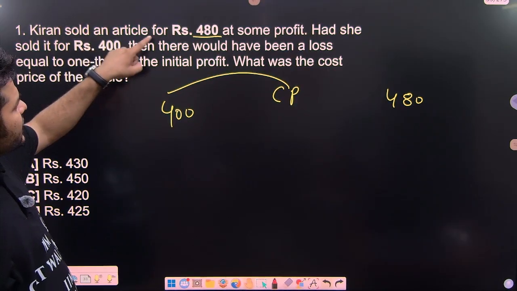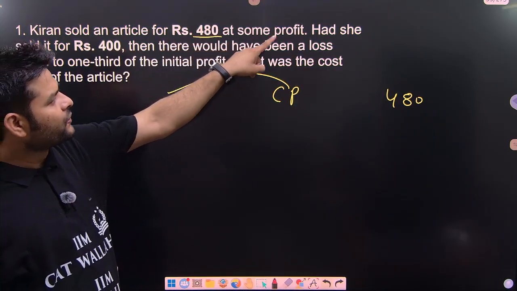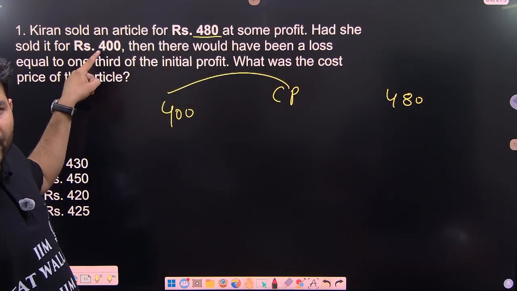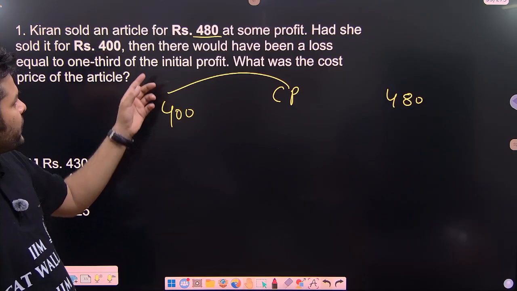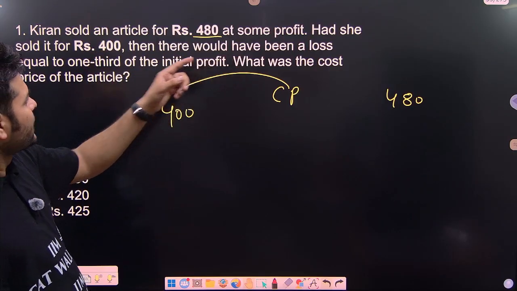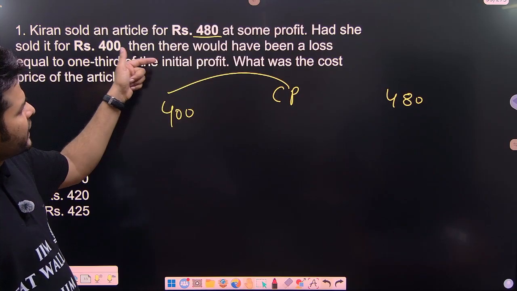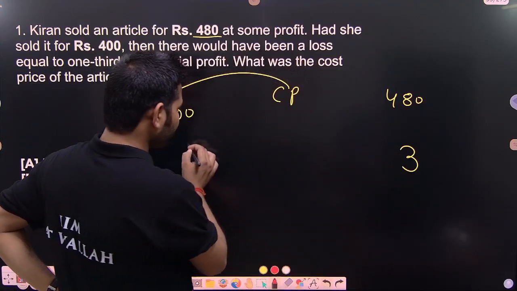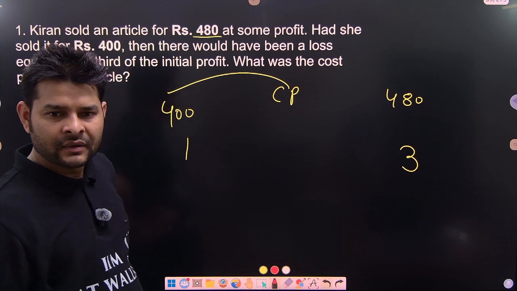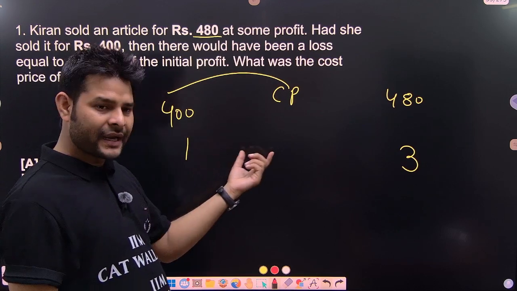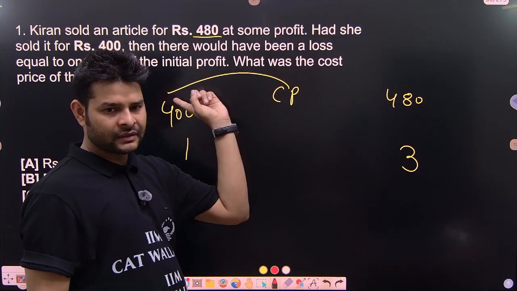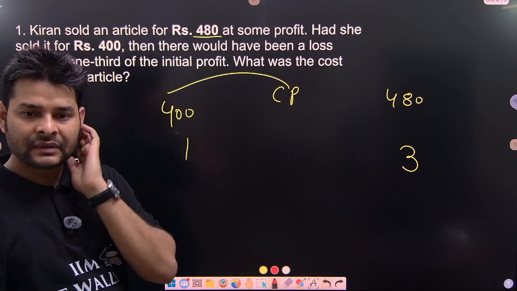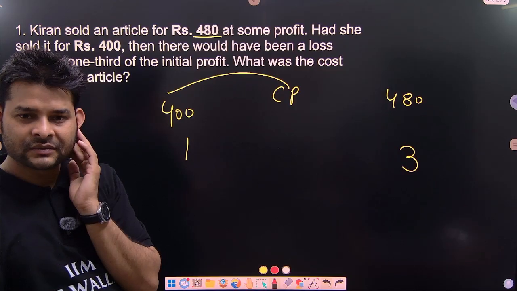Kiran sold an article for rupees 480 at some profit. We don't know about that profit. Had she sold it for rupees 400, then there would have been a loss equal to 1/3 of the initial profit. So if the initial profit is 3, the loss would be 1. If you remember, at that time I divided 80 in 1:3. That was the first question that I discussed earlier. Remember or not?